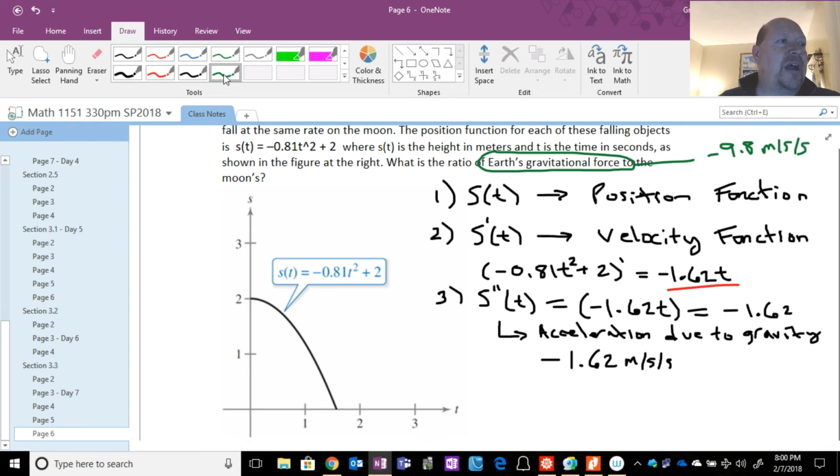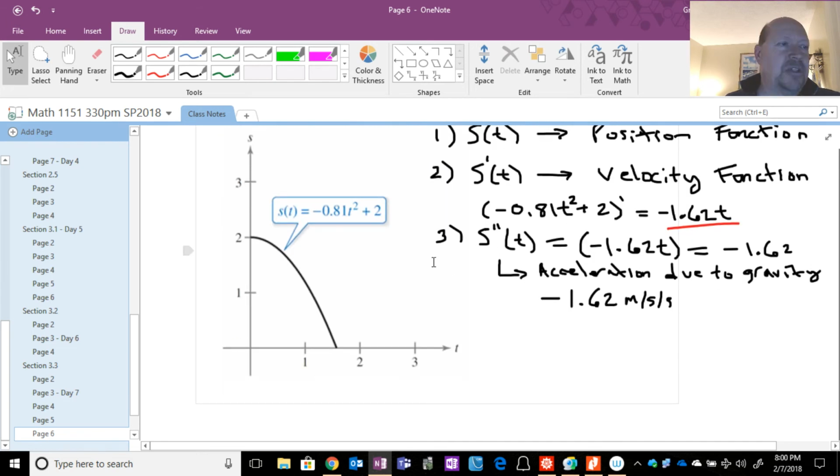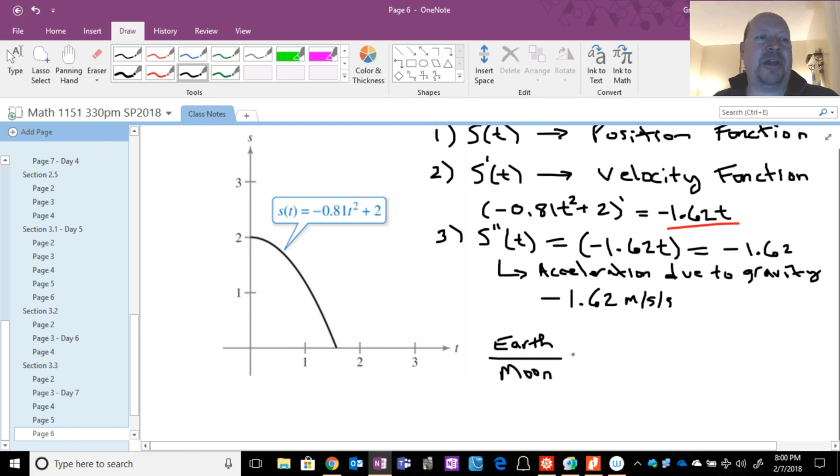If we want to find the ratio of the two, we'll do the Earth's over the moon's, because a ratio is just something over something else, like a fraction.